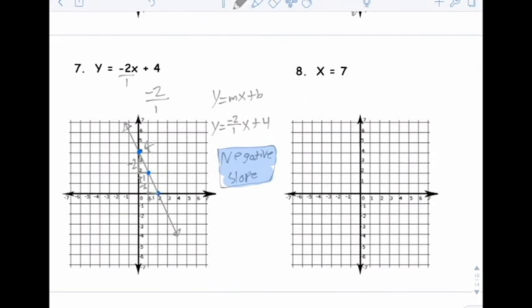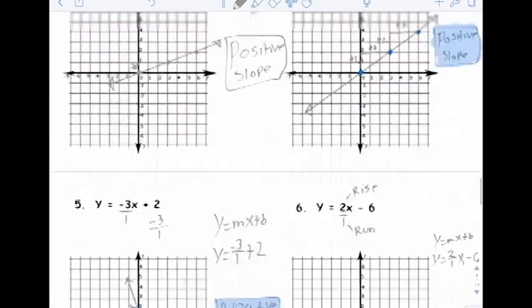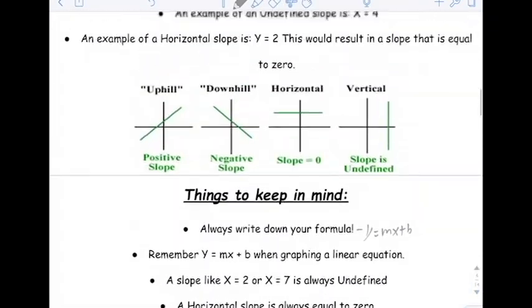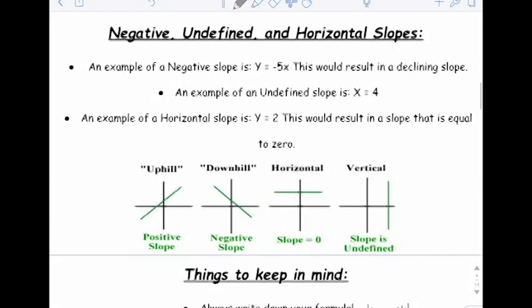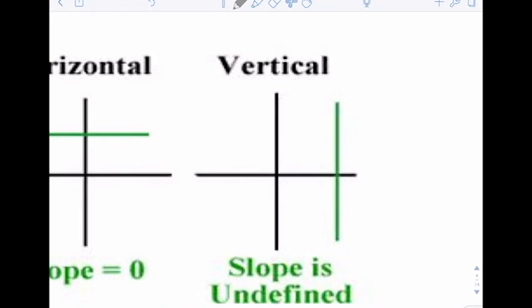All right, so for number 8, you have x equals 7. Now, if you were to graph something like this, it would be an undefined slope, so it would be vertical like this.